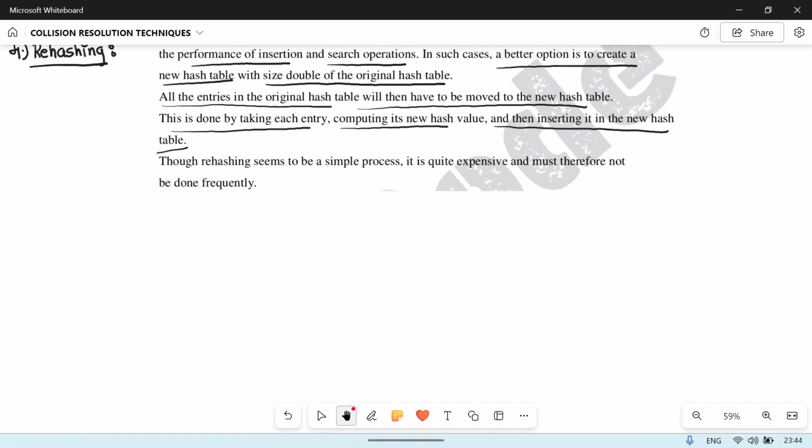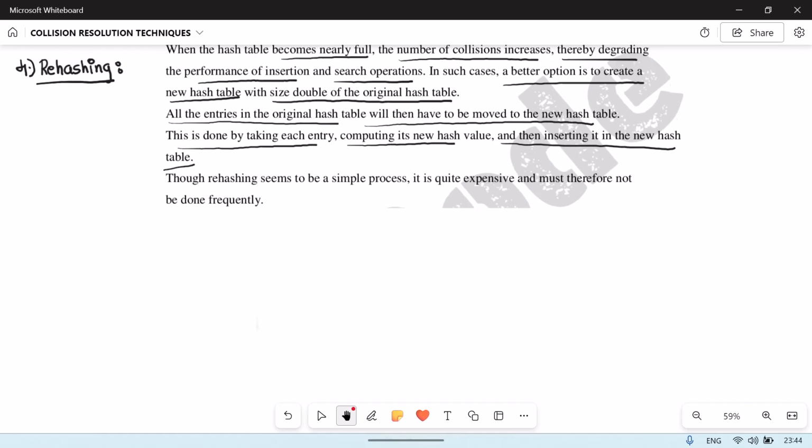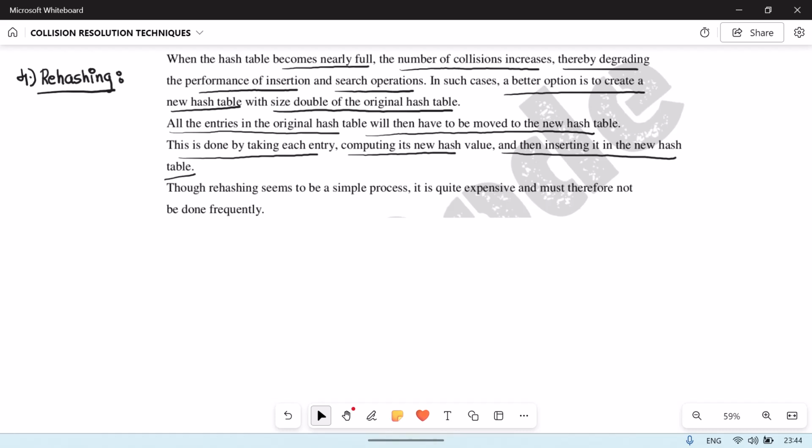So I will take up an example and explain this method to you, when the rehashing has to be done.